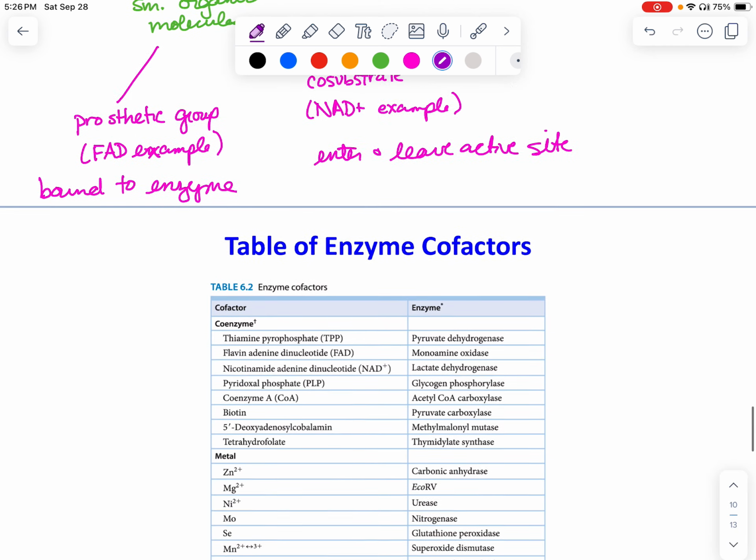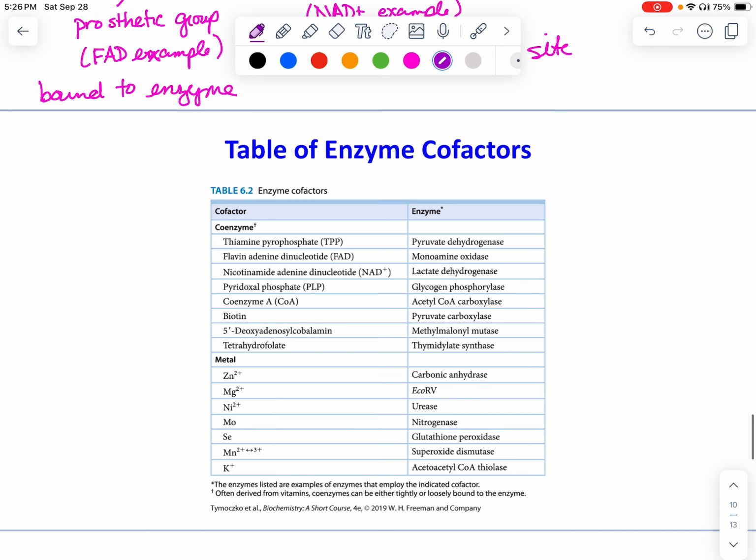We can look at some cofactors, so thiamine, folate. When you start looking at these terms, it sometimes sounds like a multivitamin.